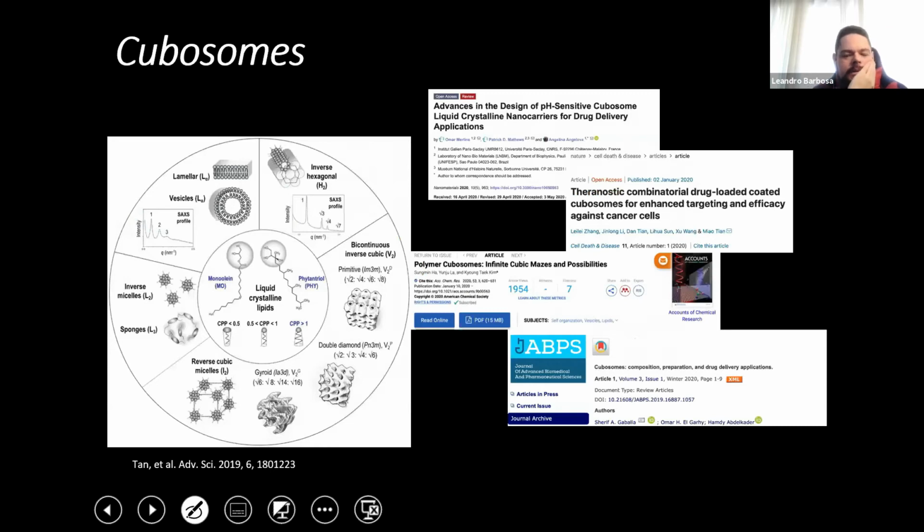Talking now to you about our second kind of nanoparticles. This is something that I started to work around 2 or 3 years ago. Those are the cubosomes. Cubosomes are very interesting nanostructures because they have a very particular inner organization. In this case, they have a cubic inner structure.